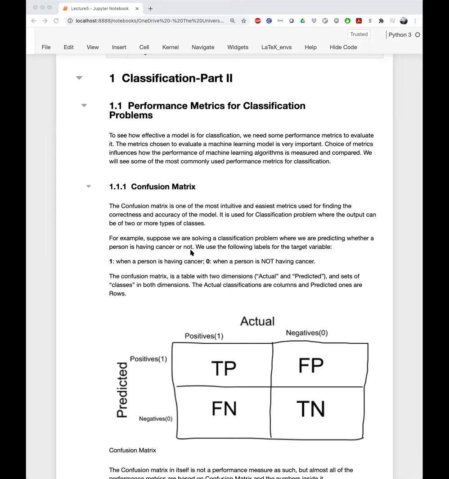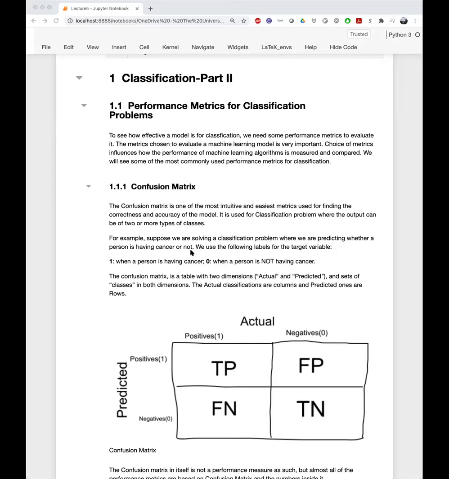Suppose you have, for example, the X-ray or CT image of a patient, and you want to predict based on the image whether the person has cancer or not. This is a binary classification problem. We'll use 1 to represent a person who has cancer and 0 for a person who does not have cancer.